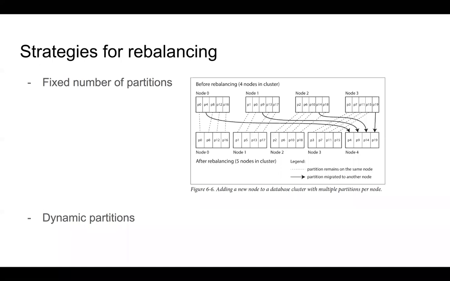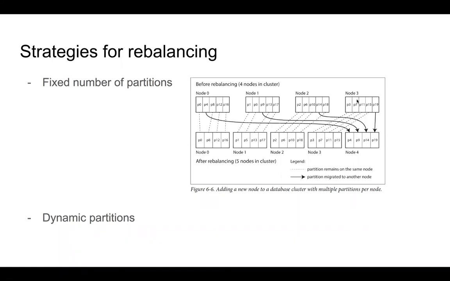Now let's say a new node joins the cluster. Some rebalancing of the partitions would happen. Every node in the cluster would give some of their partitions to this newly added node, as depicted in the picture here.